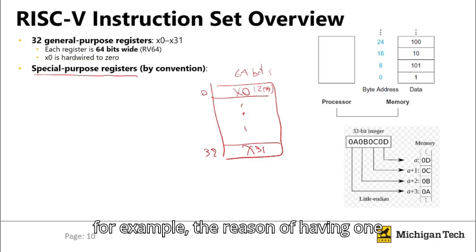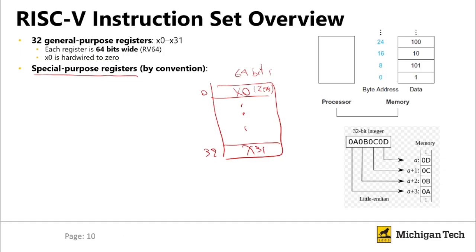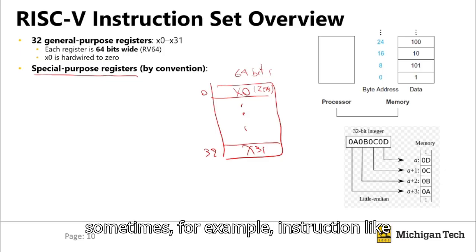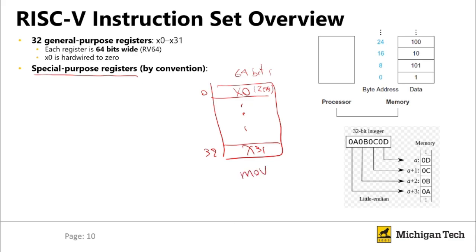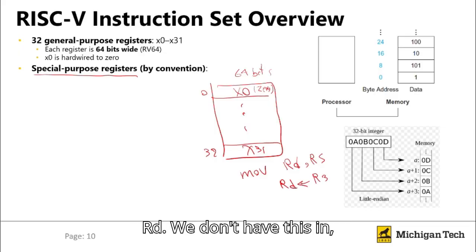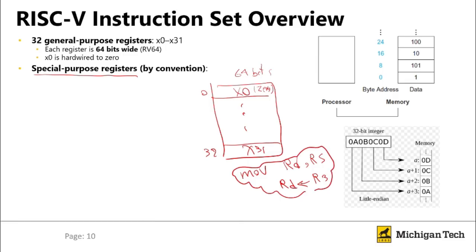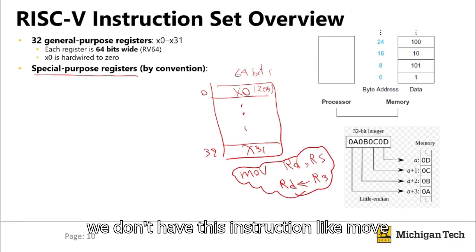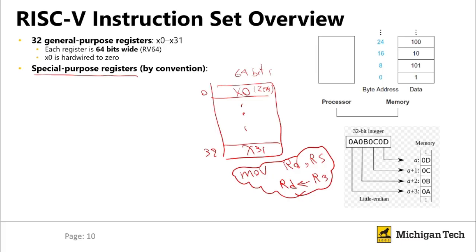The reason for having one register always 0 is for some instructions. For example, an instruction like move, with a destination register and a source register, where you want to move RS to RD. We don't have an instruction like move in RISC-V.